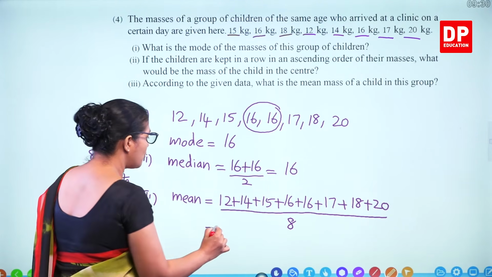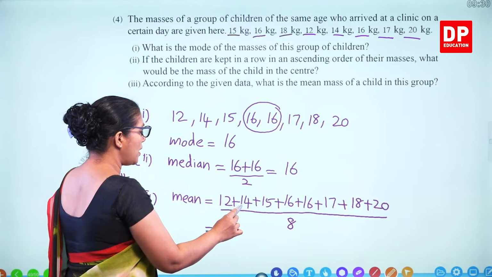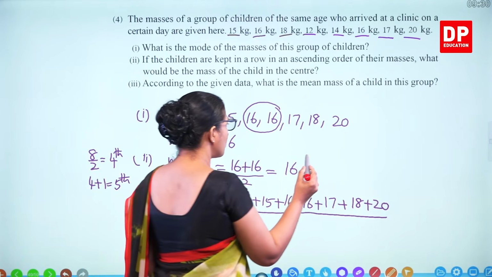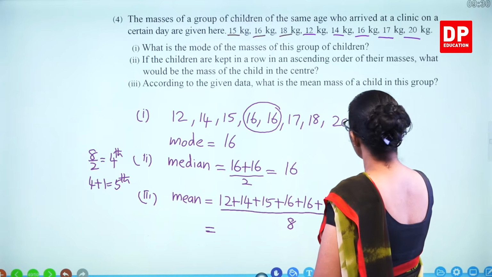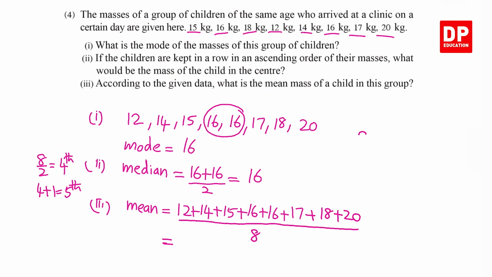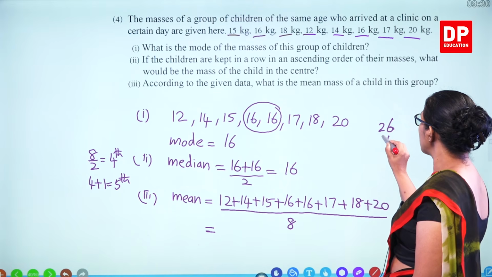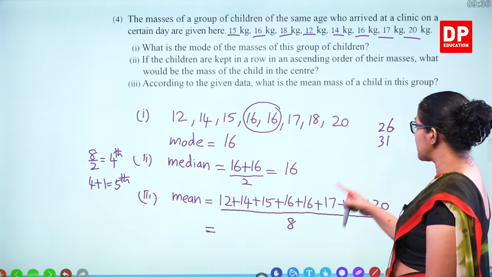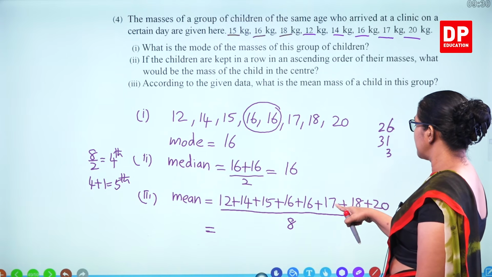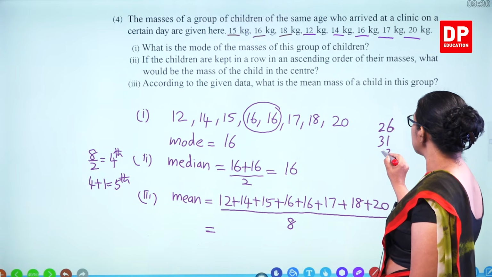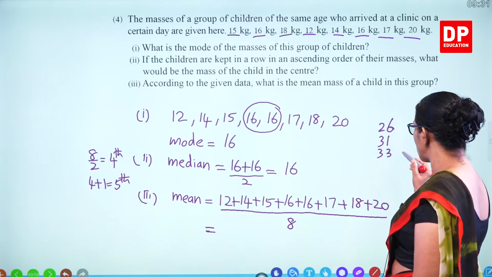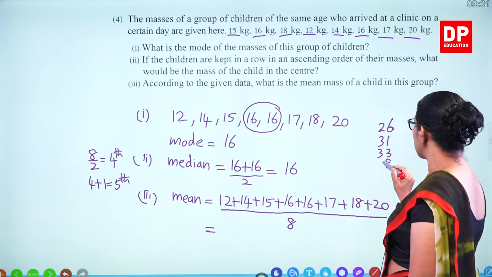We'll do 2 at a time. 12 plus 14, you get 26. 15 and 16, 31. 16 and 17, 33. And 18 and 20, you get 38.